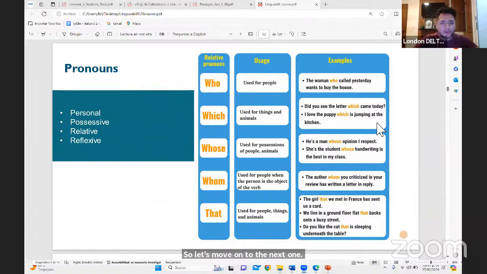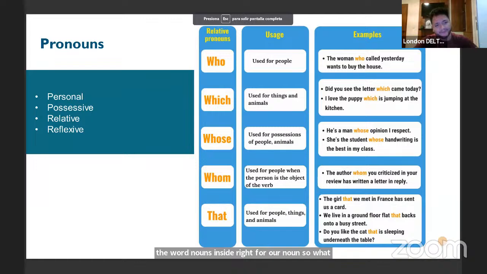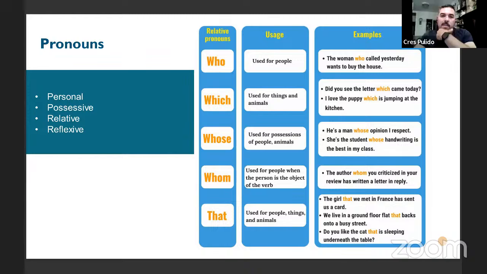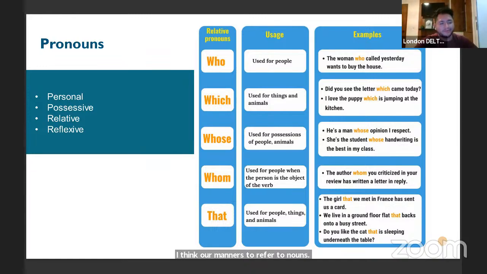Pronouns. Pronouns has the word nouns inside, right? So, what do you think is the meaning of the pronouns? I think they are manners to refer to nouns. Good. Very well.